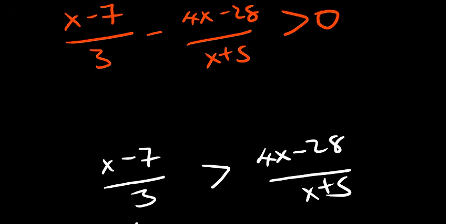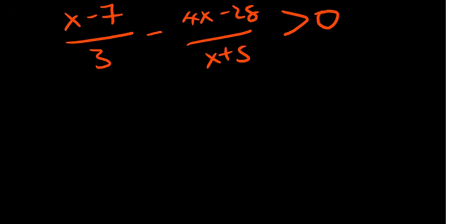Now we are taking it almost to the form that we are acquainted to. We are subtracting fractions, so we can come up with a common denominator. The common denominator is going to be a product of the denominators that we have. What do we have in this case? We have 3 and x plus 5. So the product is that.